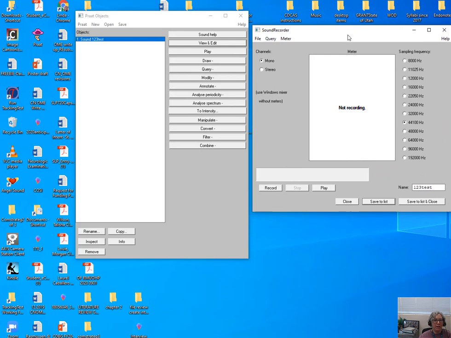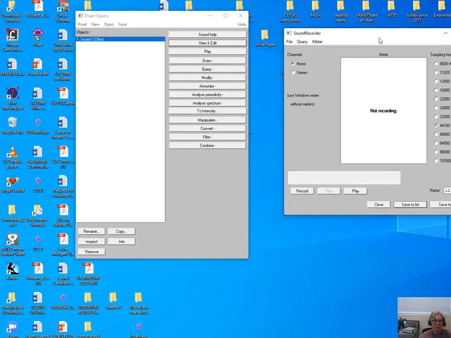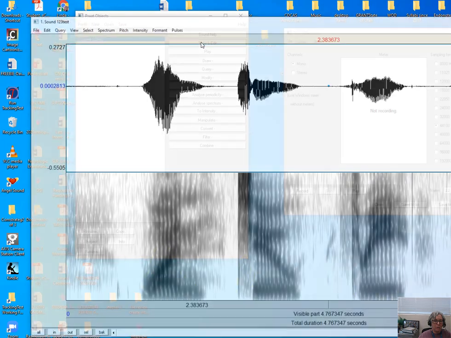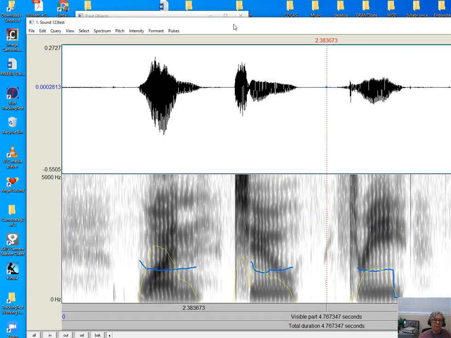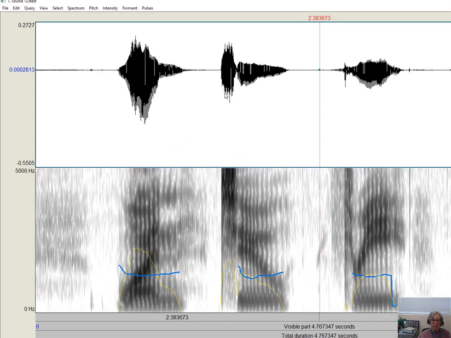So now if I move this sound recorder out of the way, I actually have my recording and it's saved. So do that. Then if you want to view this sound file, you will do view and play. And so now you've got this beautiful sound file that has come up.